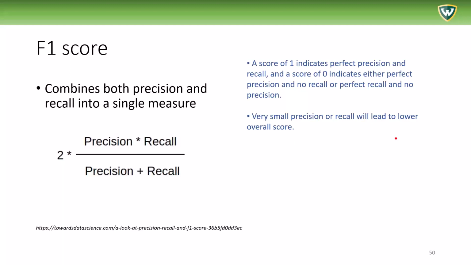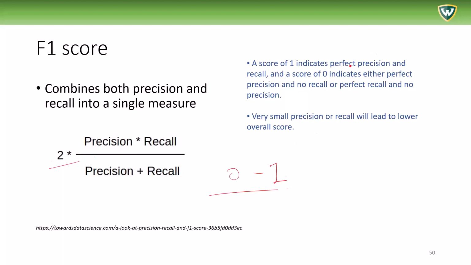The way it works is a simple formula. You multiply the precision times recall and divide it by the precision plus recall, and we do times 2 to make sure we have a number between 0 and 1. This multiplication by 2 does that.